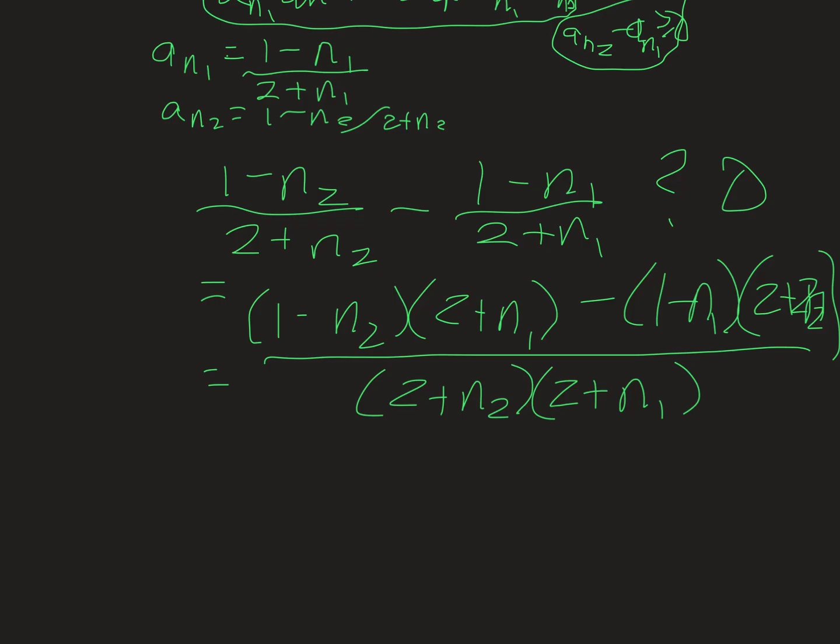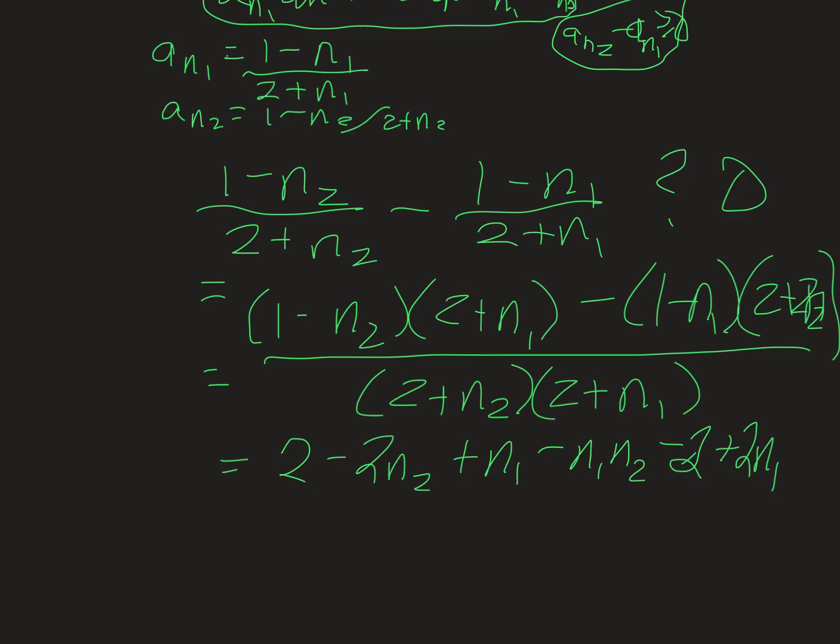Okay, so then the numerator becomes 2 minus 2n2 plus n1 minus n1 n2. And then over here, we'll have 2 times 1, which is minus 2. And we'll have 2 times negative, so negative 2n1 with a negative is plus 2n1. All right.